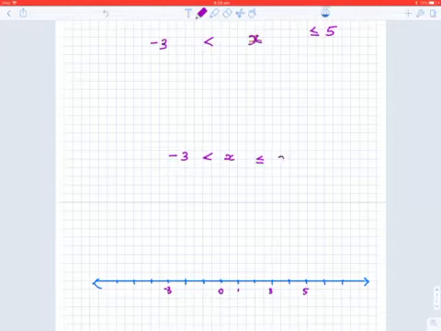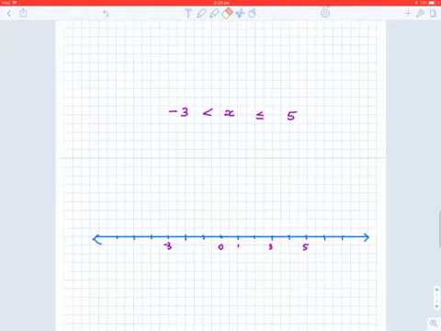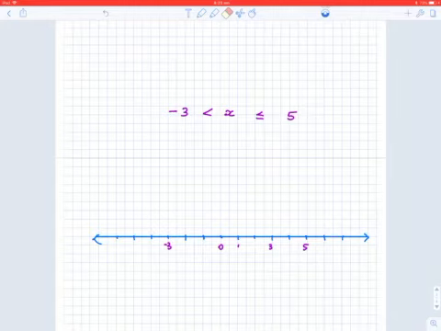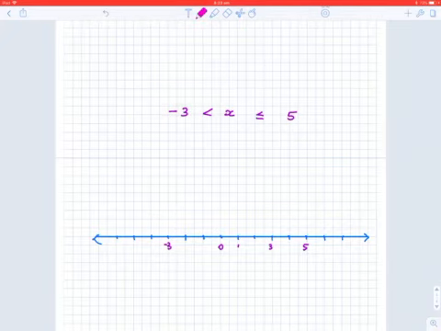Now, when you look at the solution, we are supposed to draw the solutions of this inequality. Actually, x is between minus 3 and 5.